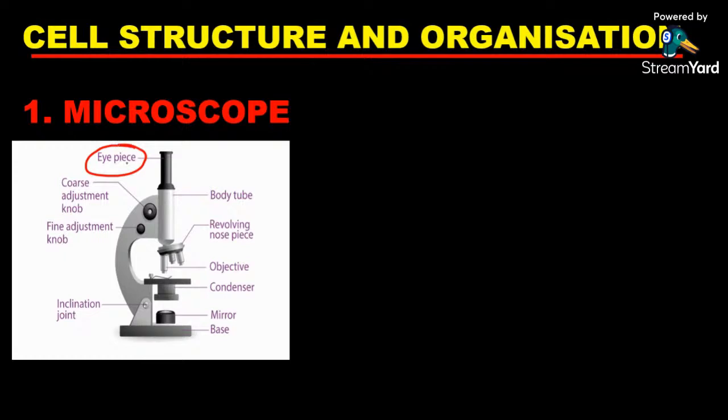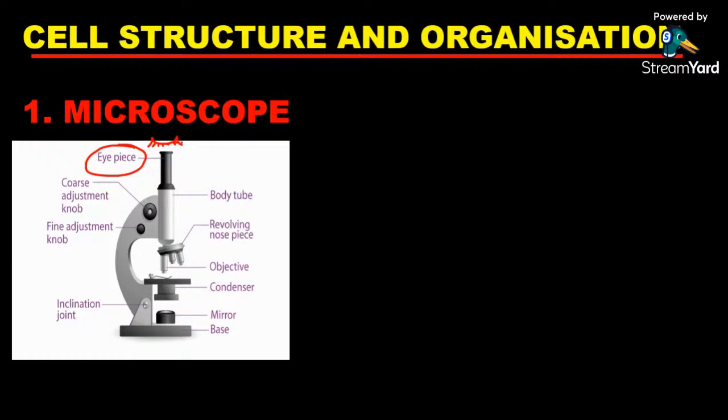This is where you put your eye when you want to observe something in a microscope. The eyepiece contains magnifying lenses, and it is where we put our eyes in order to view the object that is under study.